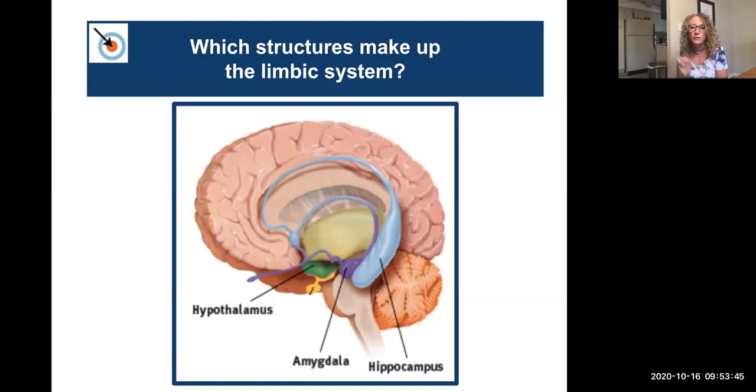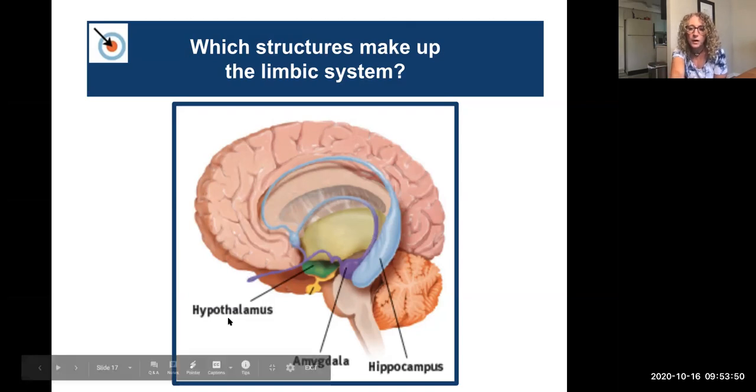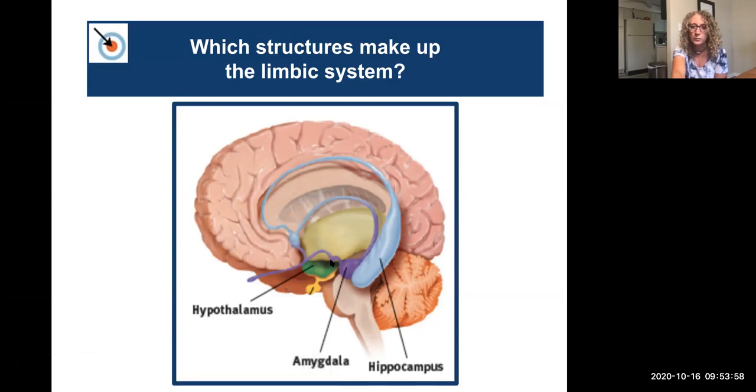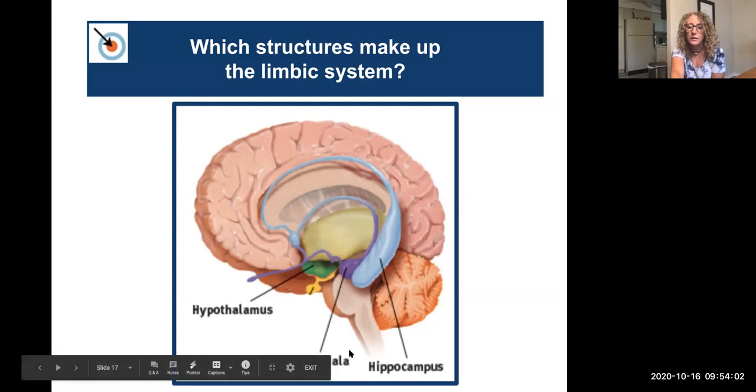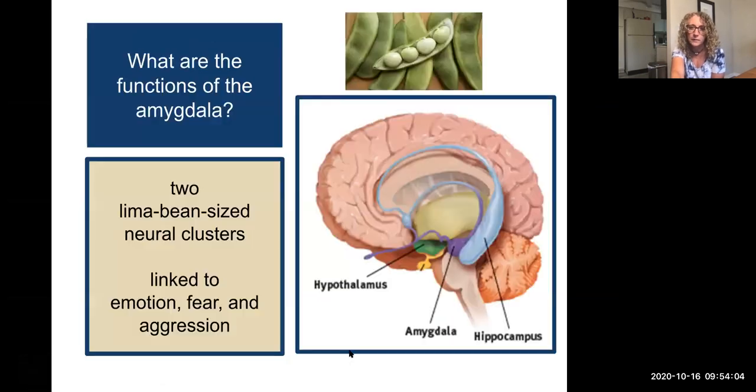It is the limbic system. I said 4 parts here, but they only have 3 listed. Sometimes they don't put the pituitary gland in here, even though it is considered part of the limbic system. So we have the hypothalamus, the amygdala, and the hippocampus.